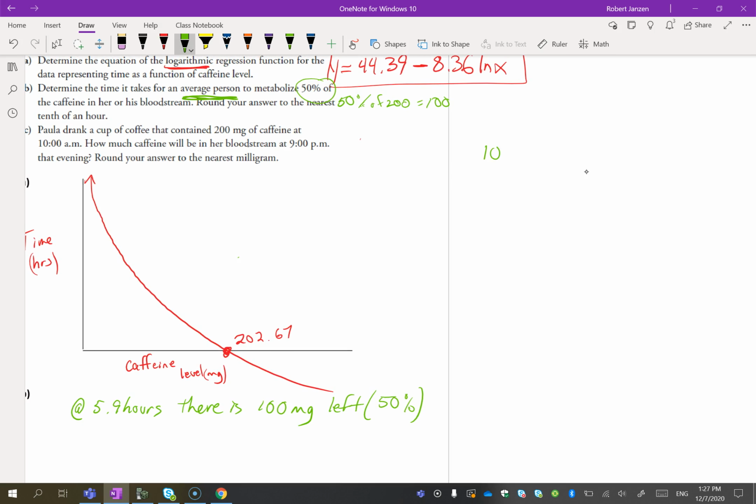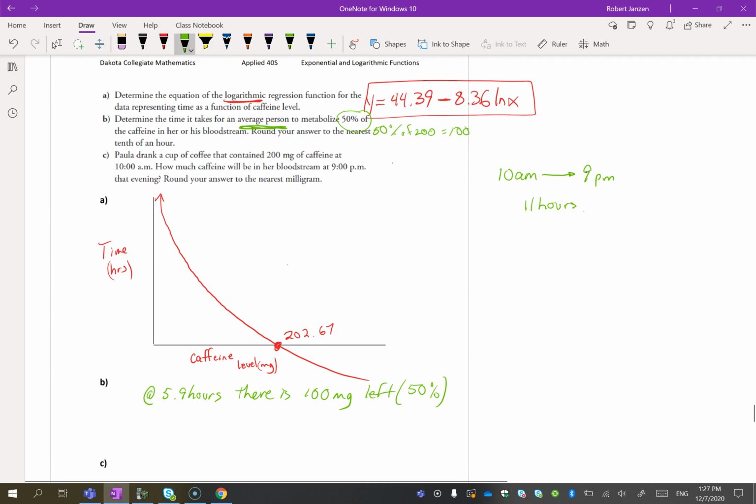Okay, so from 10 a.m. to 9 p.m. how many hours is that? Well, that's 11 hours. So we want to know how much caffeine is left after 11 hours. Okay, so that's going to be, let's say this is 11 hours. We want to find out what is this value.